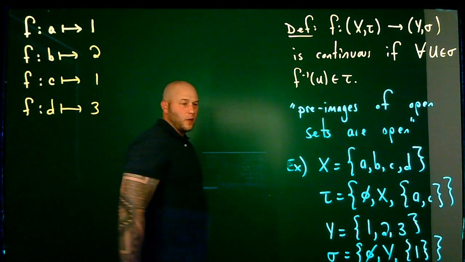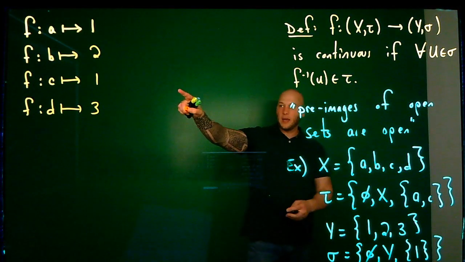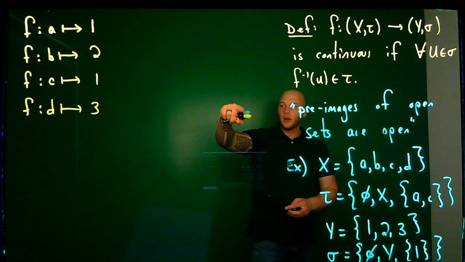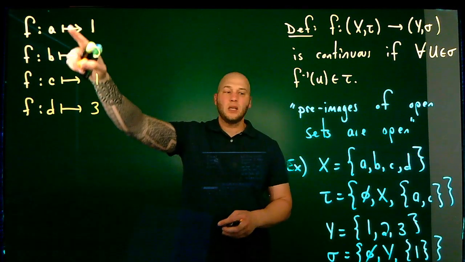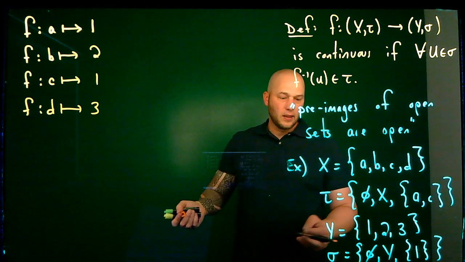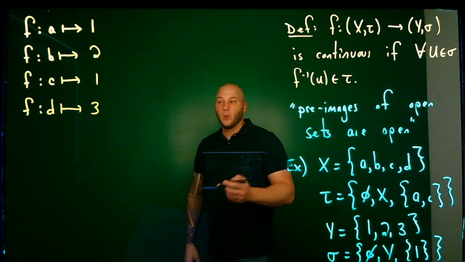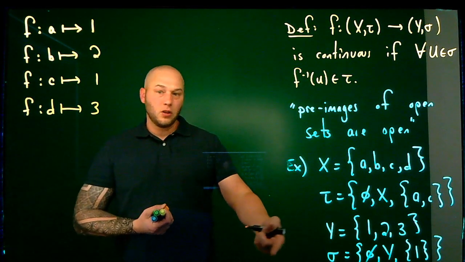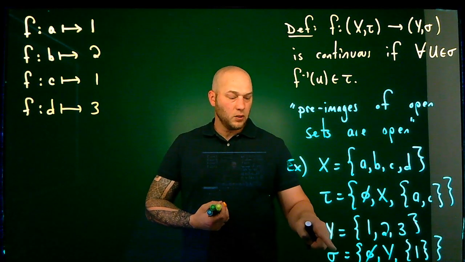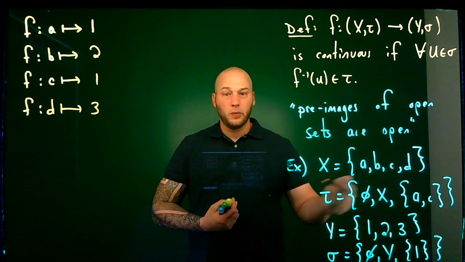Okay? So my function f takes the point A to 1, B to 2, C to 1, and D to 3. So A, B, C, D, again, this is my set X, and then my target space is the set containing 1, 2, 3. Well, let's look at the pre-images of all the open sets, right? The pre-image of each open set must be open.